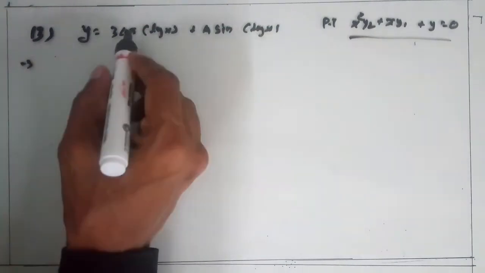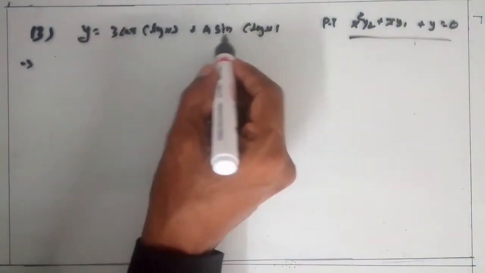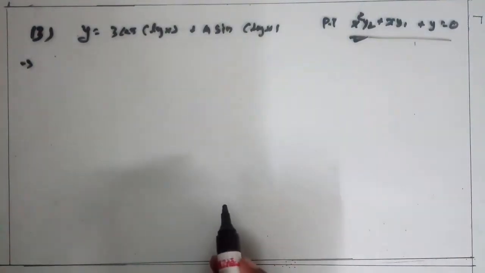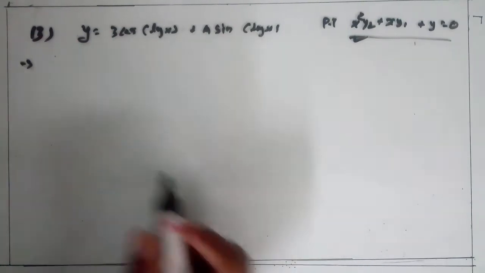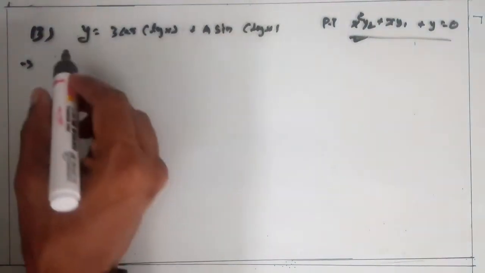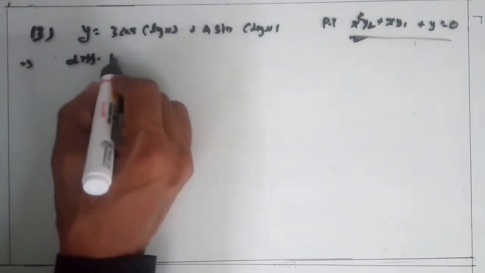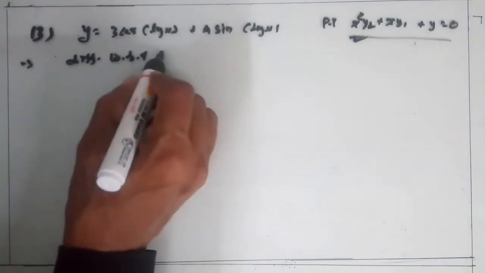Here we have y is equal to 3 cos(log x) plus 4 sin(log x), and we want to get this differential equation. Differentiate with respect to x.